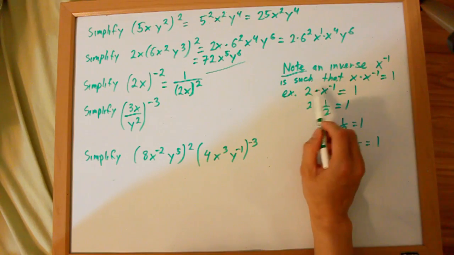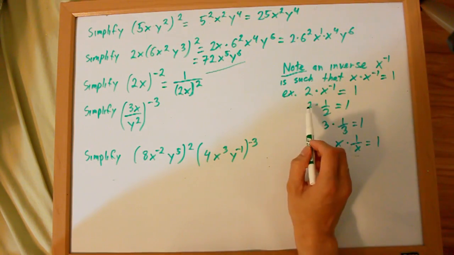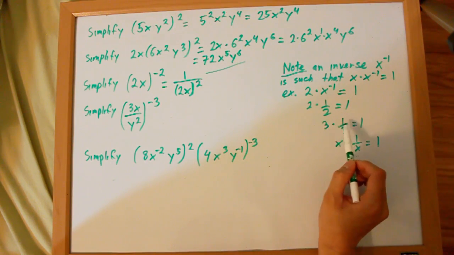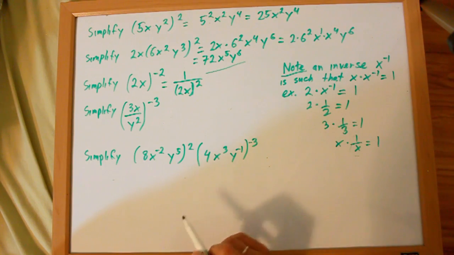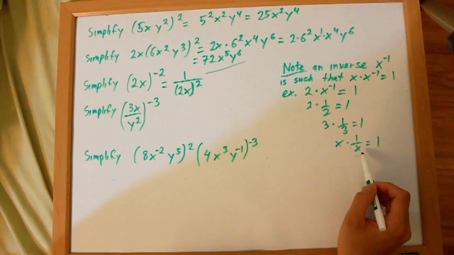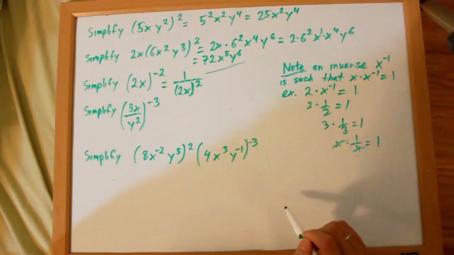So what is the inverse of 2? The inverse of 2 is 1/2. 2 times 1/2 is equal to 1. 3 times 1/3 is equal to 1. Similarly, x times 1 over x is equal to 1 because you can cancel out the x.